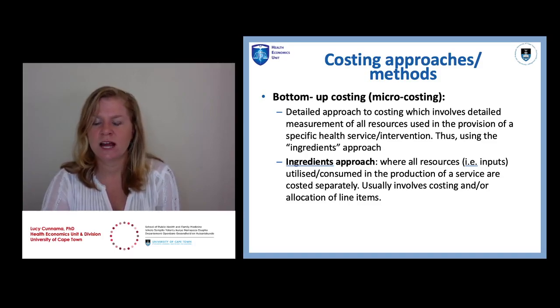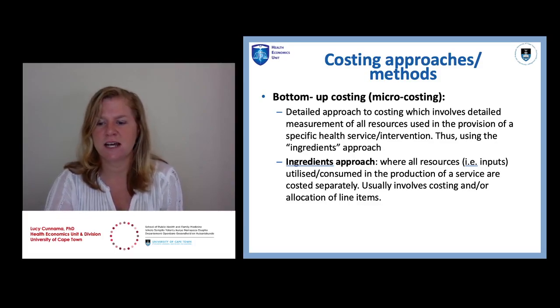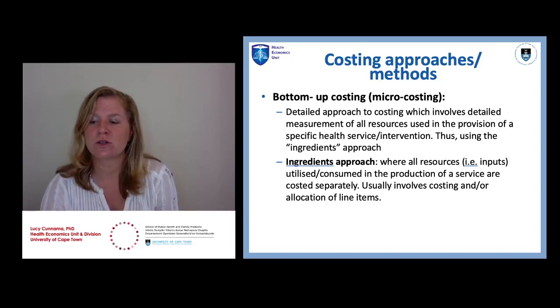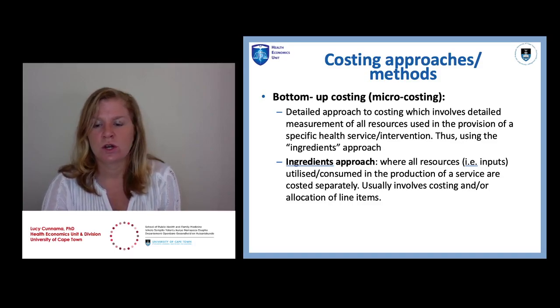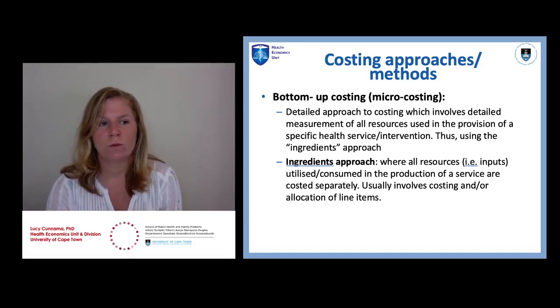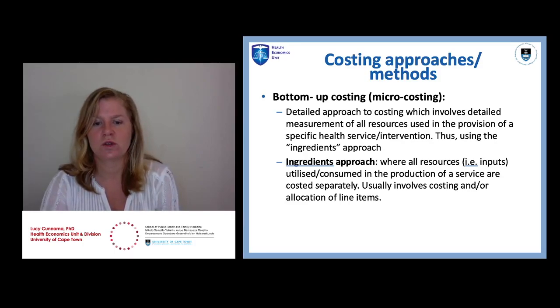So if we are looking at how much a TB microscopy test takes to perform using a bottom-up approach, we would identify all the resources used, and these could be quantifying the technologist's time, measuring the building space, measuring the time that a biosafety cabinet is used, counting how many chairs and tables and microscopes are used, and looking at consumables such as glass slides. And then through interviews and observations, we would gather all this data, and then we would assign the appropriate prices or costs to these items.